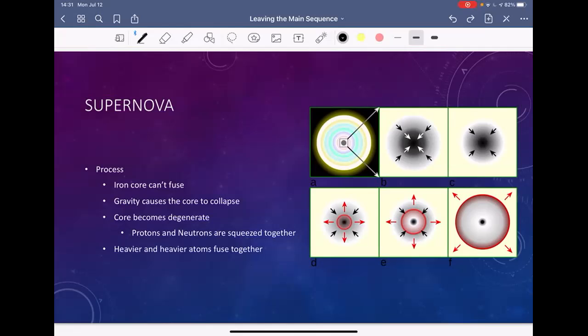So the supernova is an explosion where all the mass in the star collapses down to one point. It reaches the point where even the protons and neutrons are squeezed together, what we call degenerate. And then it creates a shock wave and boom, explodes.